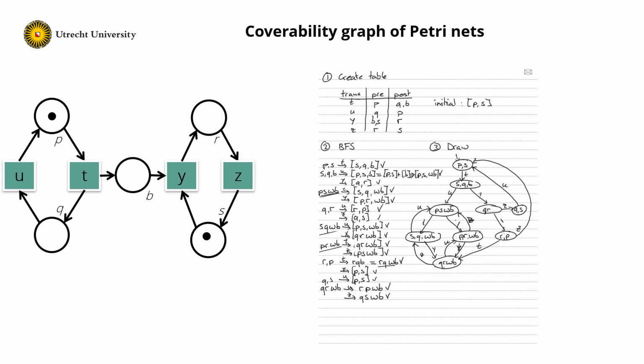So what happened? Now, if we look, for example, to the paths where we take transition T and we fire transition U, and we fire transition Y and Z and Y and Z. So we have transitions T, U, and then a Y, a Z, a Y, and a Z. Then we see that this is a trace that is possible in the coverability graph, but not in the PetriNet itself, because T gives one token in place B, I fire transition U, Y removes one token from place B, Z does nothing with place B, so place B has 0 tokens at the moment, and then transition Y fires again, and I remove again a token from place B, so it gets a negative number of tokens.